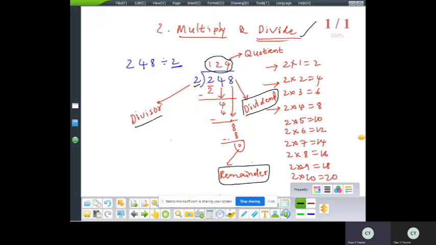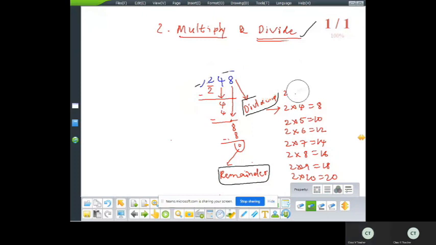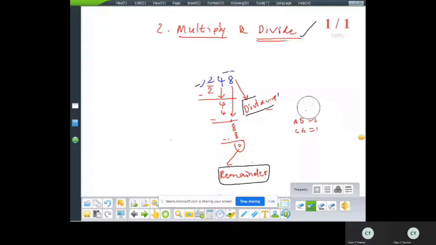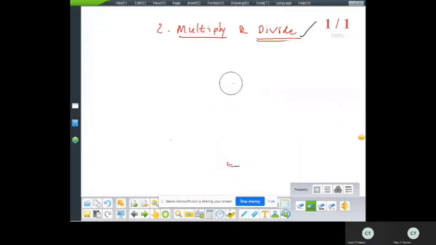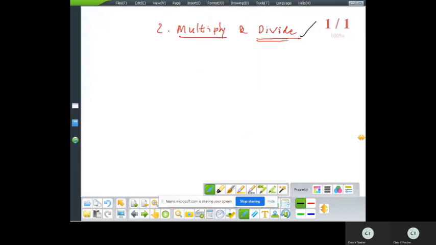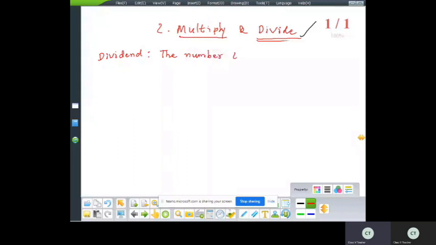I will explain again. Dividend means the number to be divided.